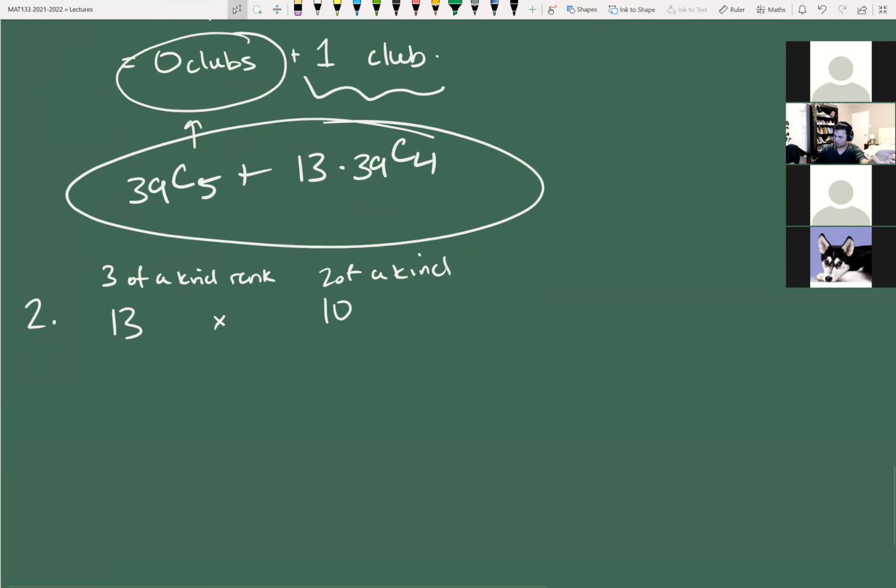Okay, now, once you have the 3 of a kind rank, how many ways are there to choose the suits of that? Okay, so there are 4 suits, right? Does it work out the same? I guess it does work out the same, but sure, Jack, I would say 4 choose 3, right? Which I think does work out to 4.